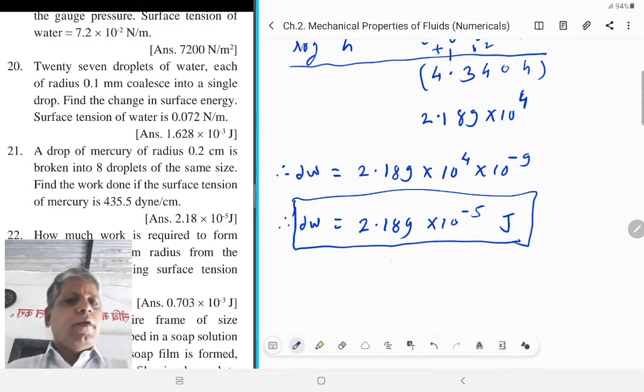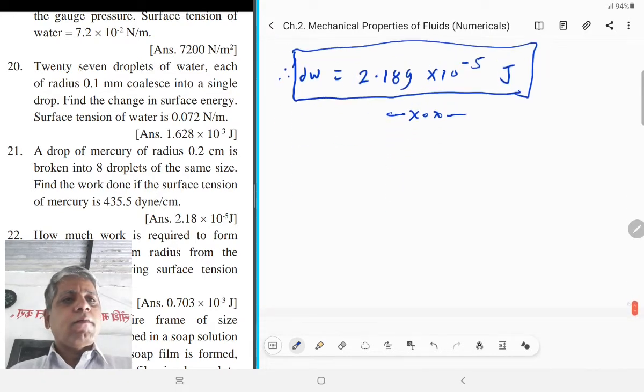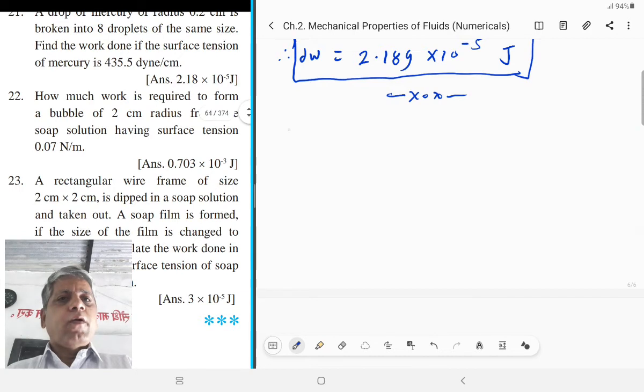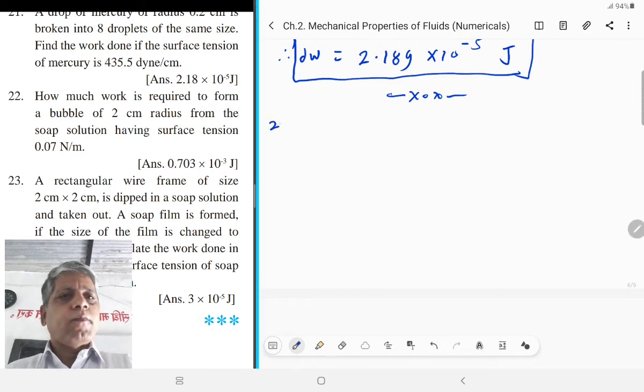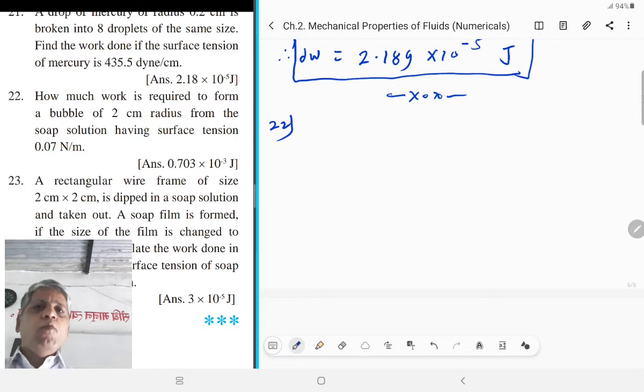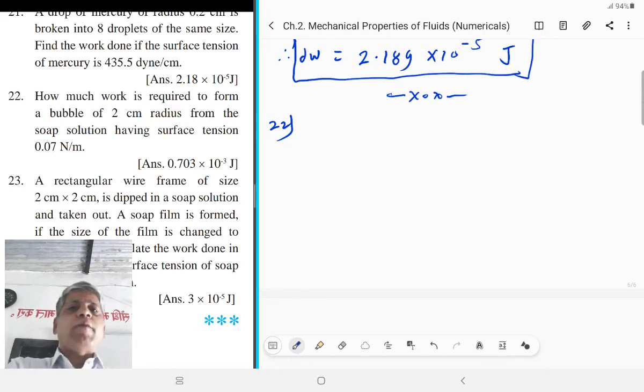Now next numerical, that is question number 22. How much work is required to form a bubble of 2 centimeter radius from the soap solution having surface tension 0.07 Newton per meter?